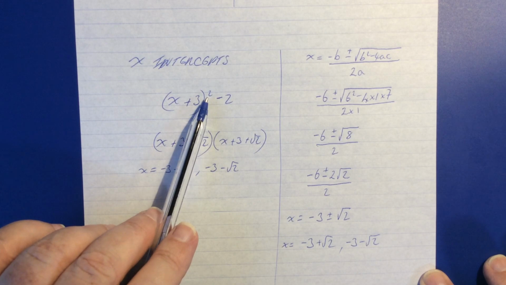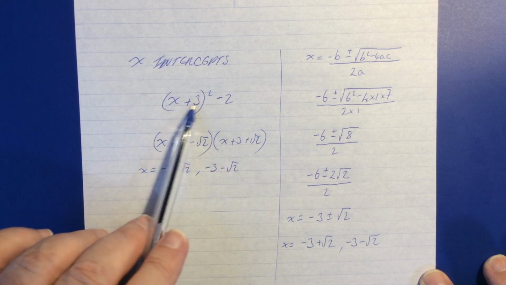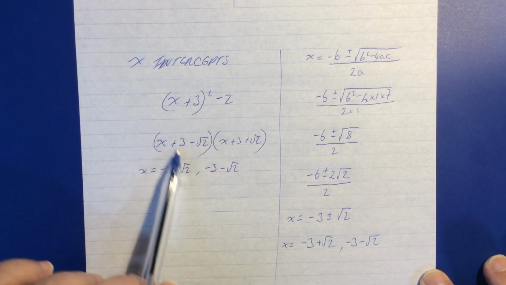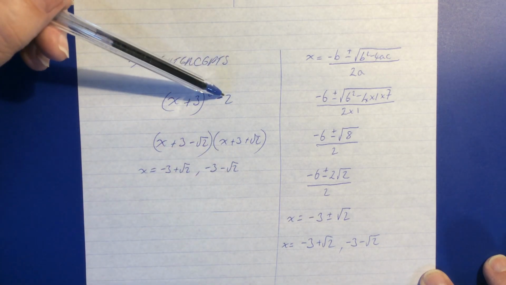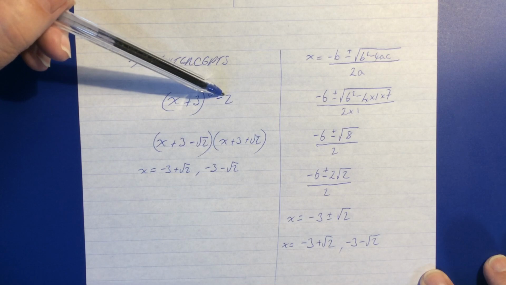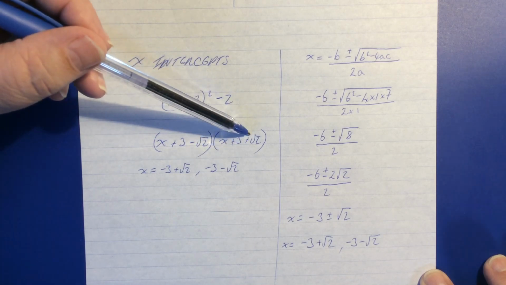Now, x plus 3 is the square root of this expression here. X plus 3, x plus 3. Then we take the square root of 2, which is simply root 2. We just write it as root 2 as a surd.